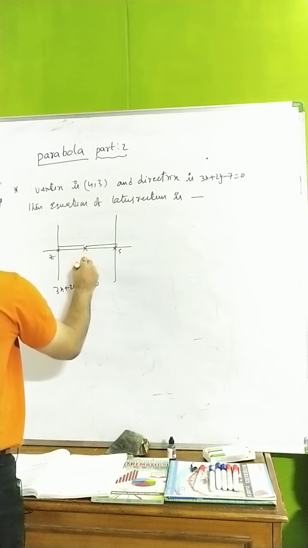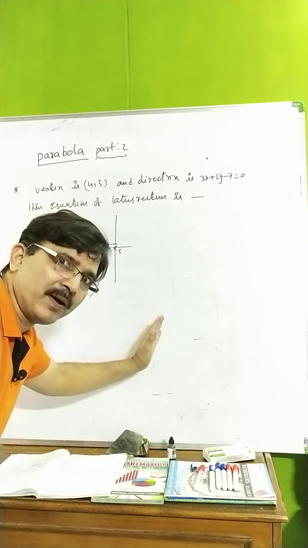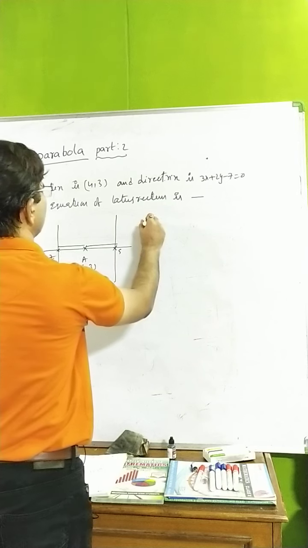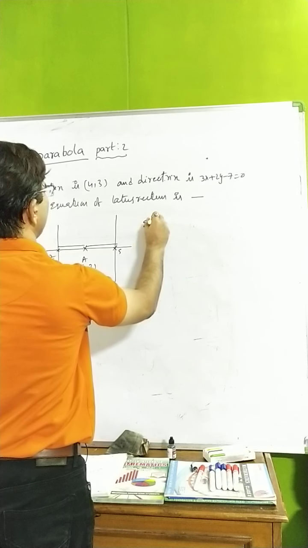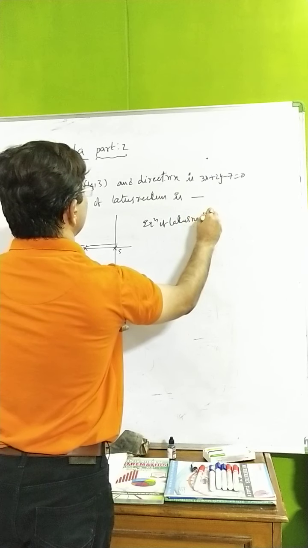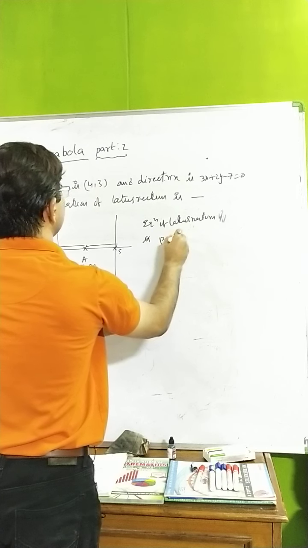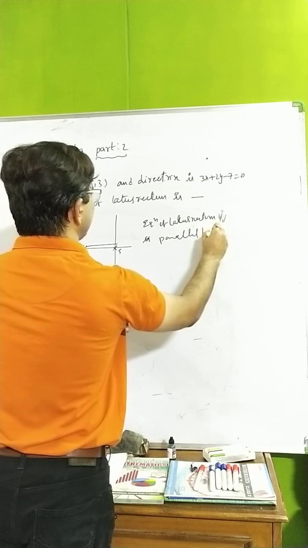So what has he given as vertex? 4, 3. Latus rectum is also what? Equation of latus rectum is parallel to the directrix.